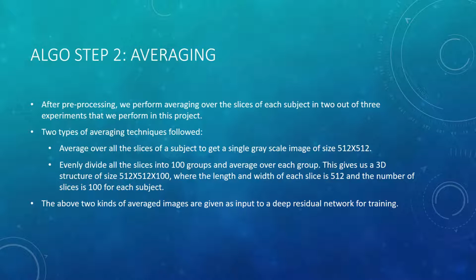So now we basically get a 3D structure of size 512 cross 512 cross 100. So here the length and width of each slice is 512, and there are 100 slices per subject across all subjects. We will feed this 3D structure into a deep residual network that has 100 channels.